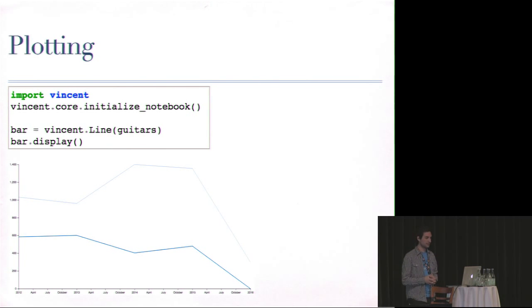I just discovered Vincent a few weeks ago, and it has some quirks, and the documentation is not super good all the time, but it really displays beautiful graphs, in my view. It's built upon a library called Vega, which in turn is built upon D3.js. So we have all these layers combined, and you can take your Vincent chart and either display it directly in your notebook, or you can export it as a chart to your website or whatever.